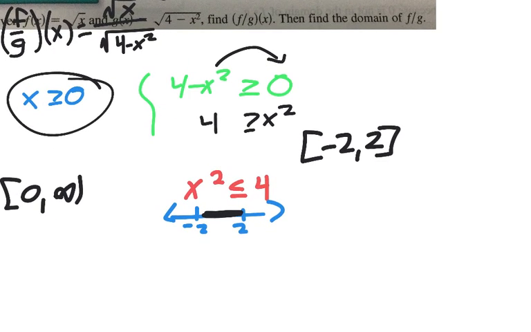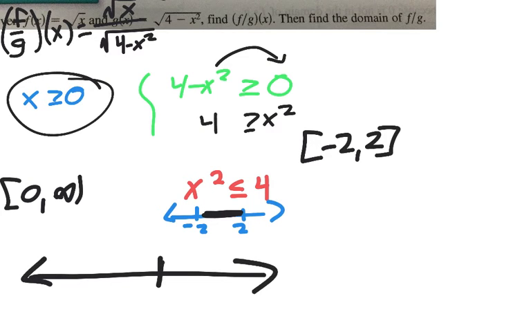What I'm doing is I'm finding domains. So I've got, let's use a different color, from 0 to infinity. That's the first part of the domain. The second part of my domain says it has to be between negative 2 and 2.